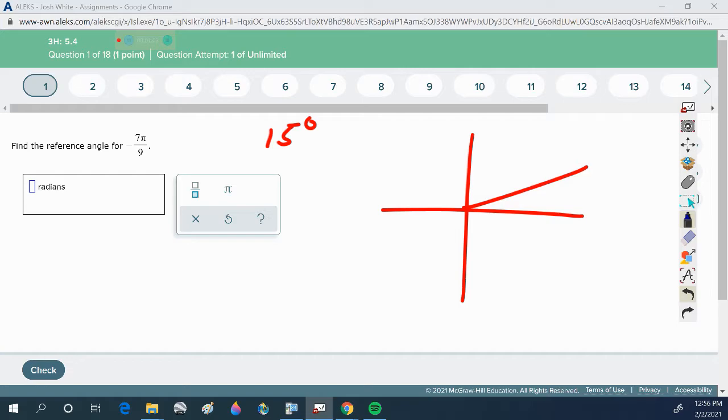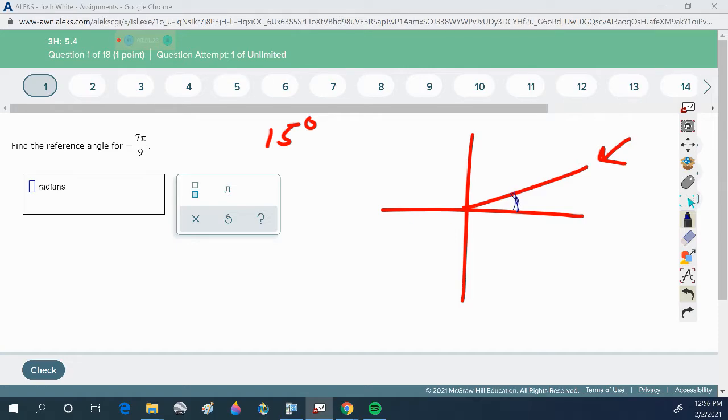This line is called the terminal side. That's where it stops. The reference angle is the angle between the x-axis and the terminal side, which happens to be 15 degrees. So in quadrant 1, your reference angle is always right there.